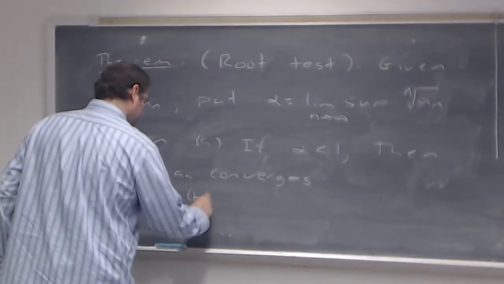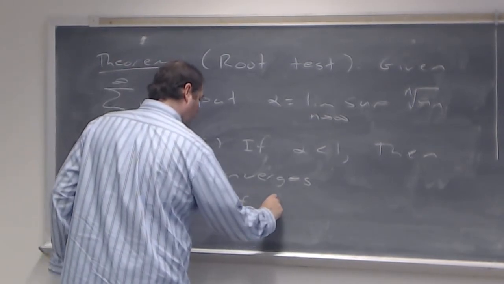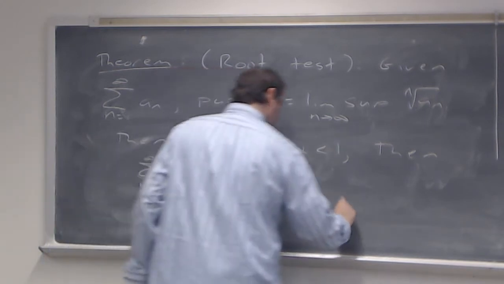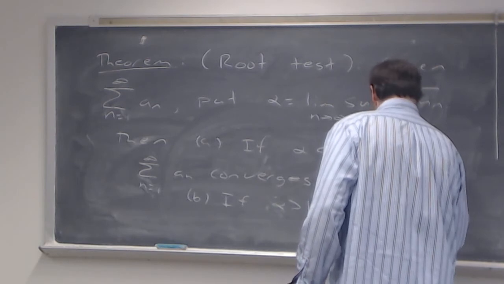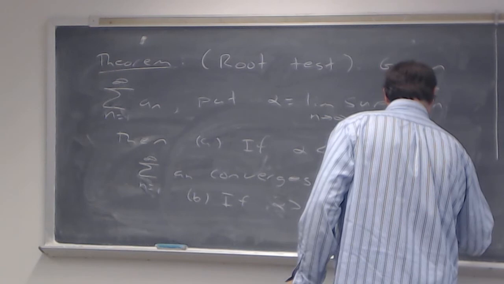Part B, if alpha is greater than 1, then this series diverges.